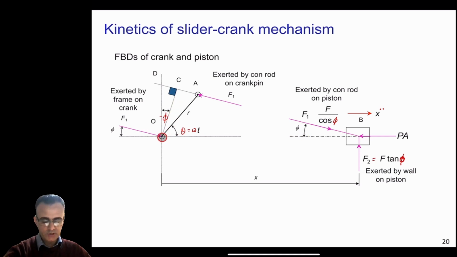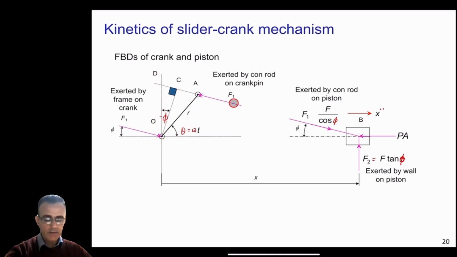Okay, so if you draw a perpendicular here from this point O, which is the center of the crank, this OC is the perpendicular on this line here, and OD is just this horizontal or vertical line here.